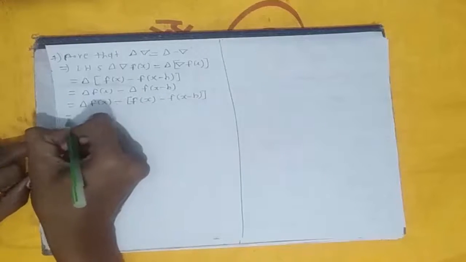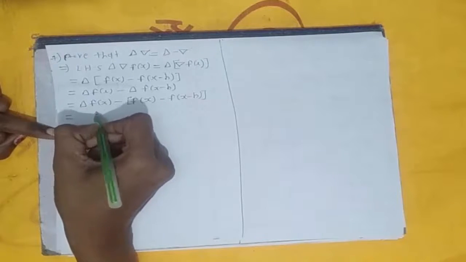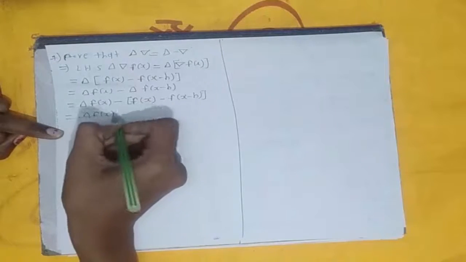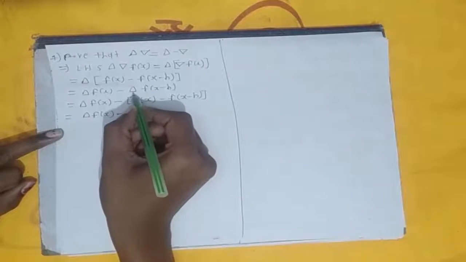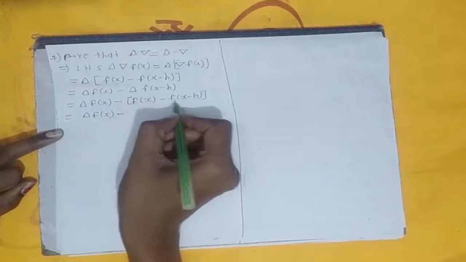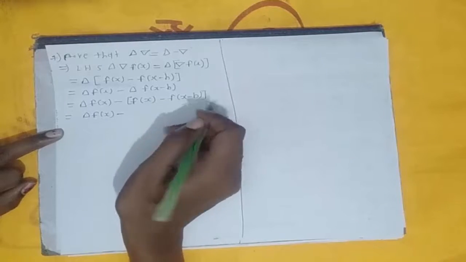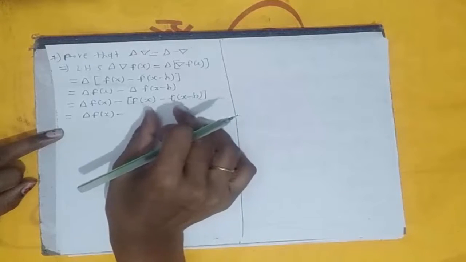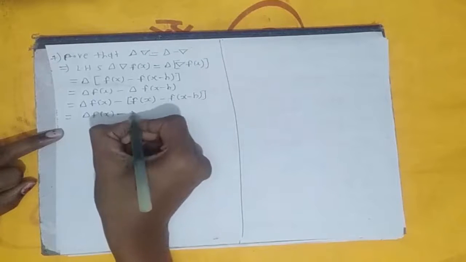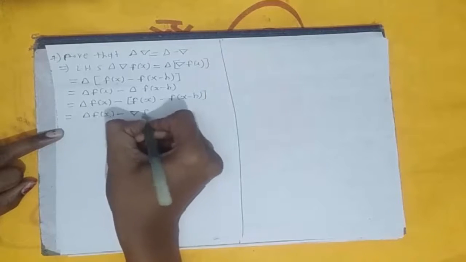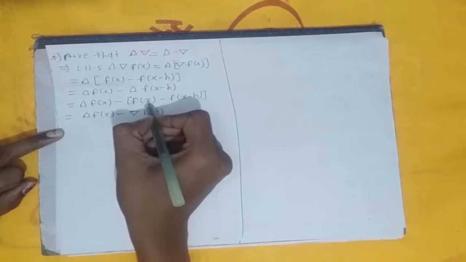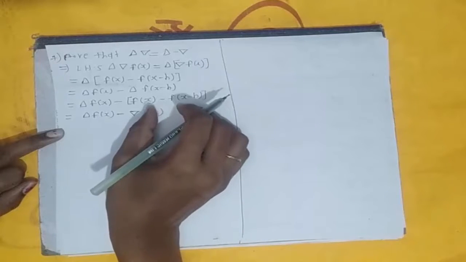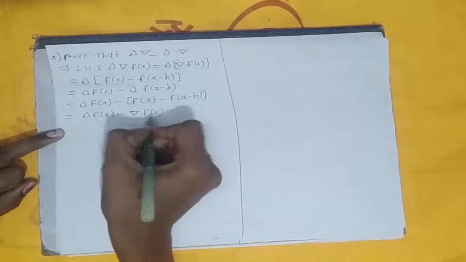Okay, we write in bracket, we get here delta f of x minus, again here we use the definition of delta, so we get the difference of f of x minus f of x minus h, and for this difference if we use the definition of del, then we get del f of x, which is the backward difference, because the backward difference takes the difference of the backward value from the given value, that is f of x and x minus h, the difference of the function at this point, which is del f of x.